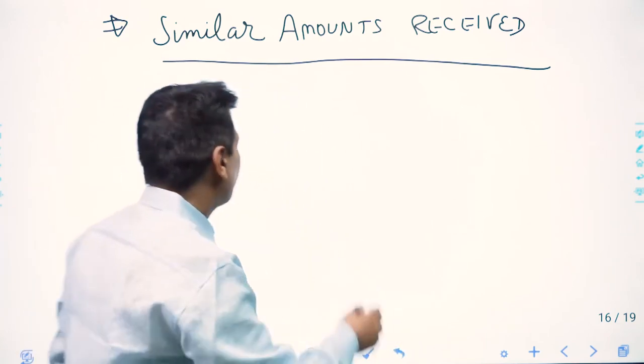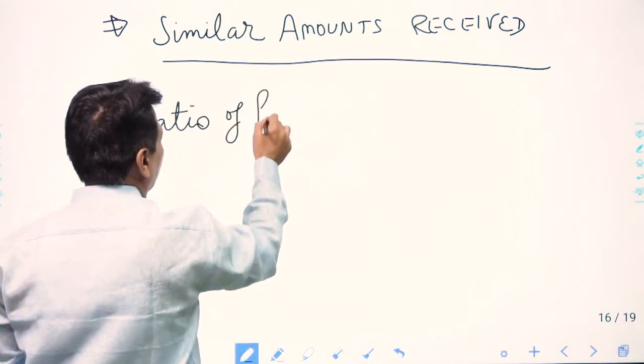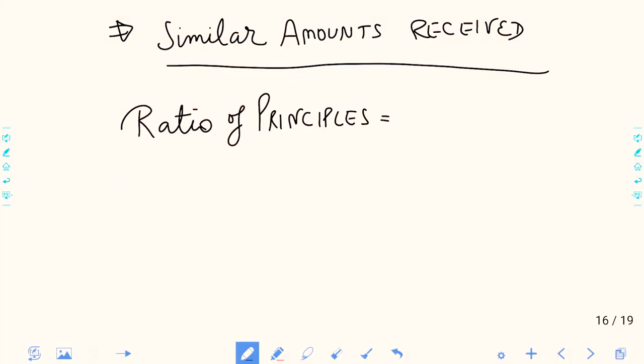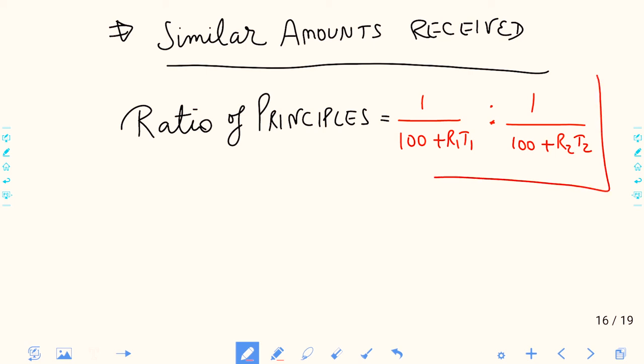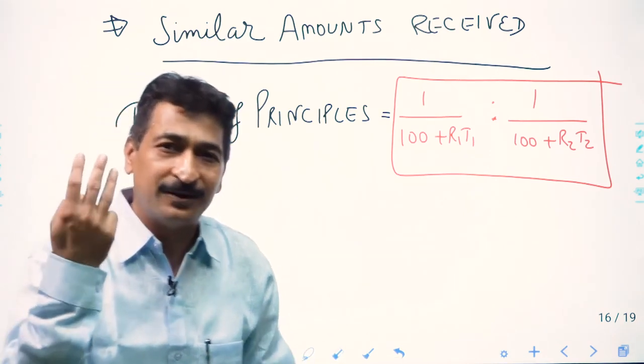So, ratio of principals is equal to 1 upon 100 plus R1 T1 is to 1 upon 100 plus R2 T2. This is how you calculate the ratio of principals. Previously it was total interest same, now it is amount same, and amount is 100 plus RT. There are only 3 characters in my film.